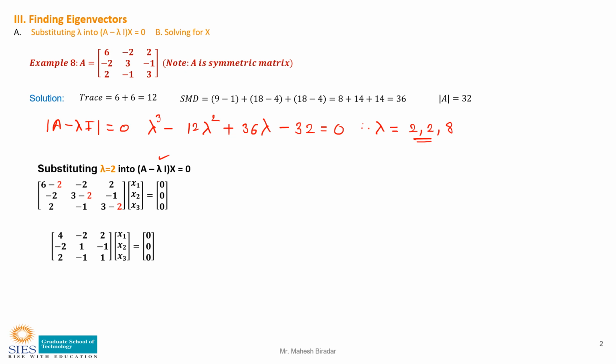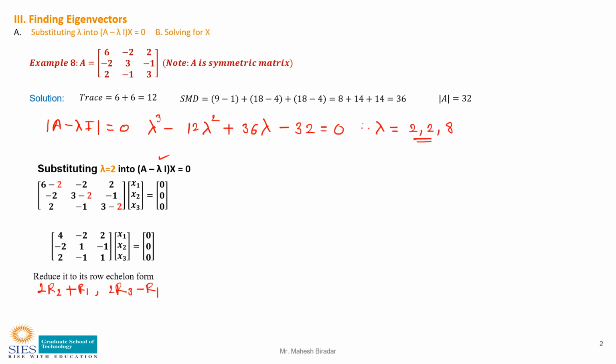So this equation becomes the coefficient matrix 4, minus 2, 2; minus 2, 1, minus 1; and 2, minus 1 and 1. Now we have to reduce this matrix to row echelon form. Okay, so use the transformation. I'm going to use here the transformation, which is 2 times R2 plus R1 and 2 times R3 minus R1.